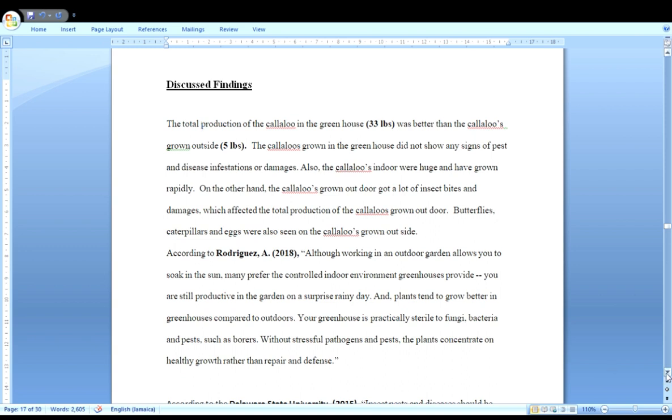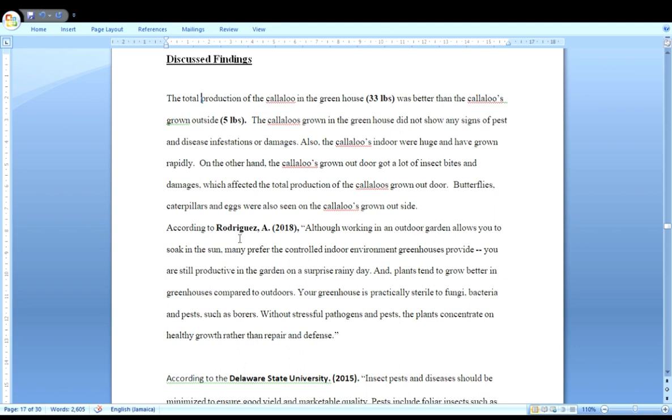Alright, now so we're going to move to a quoting here in the second paragraph, and this is very important now. This is your supporting literature now. Of course, when you do a quoting, you should also do a reference, and also you should know how to write your quotings and also your references. Let's read. According to Rodriguez, A 2018, "although working in an outdoor garden allows you to soak in the sun, many prefer the controlled indoor environment greenhouse provide.